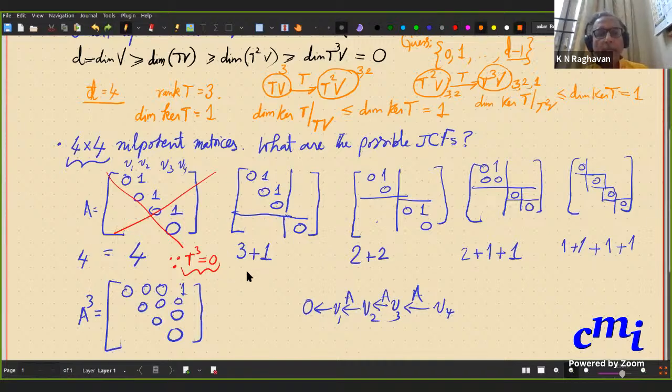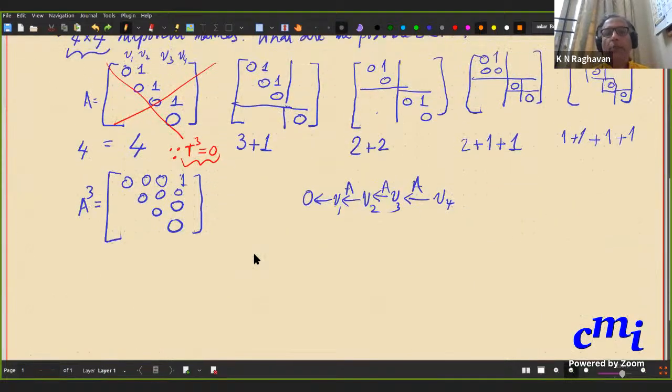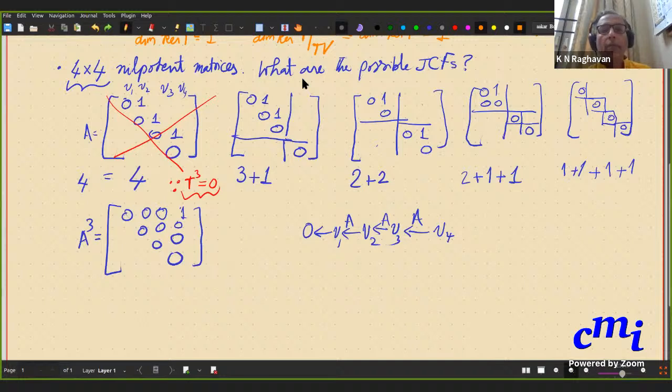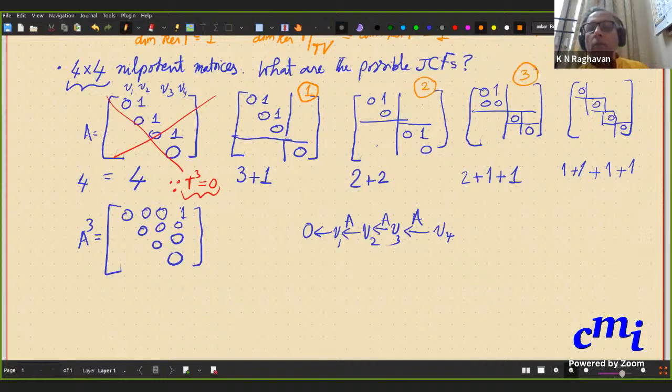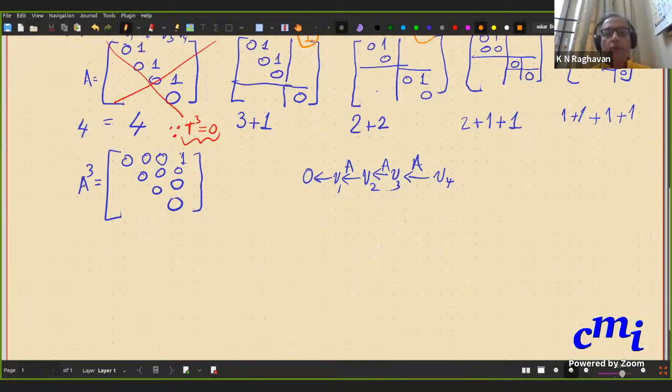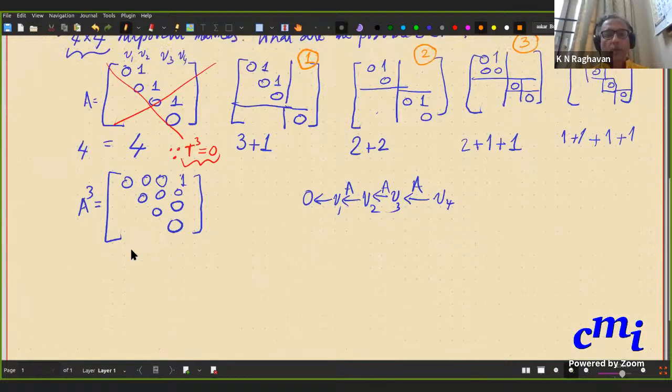For each of these possibilities, let me call them 1, 2, 3, 4, let's compute the dimension.